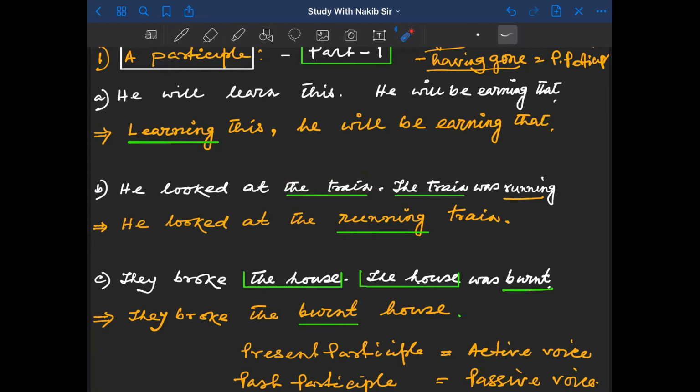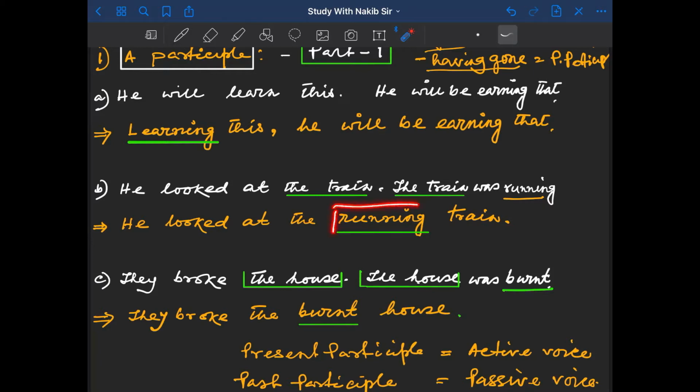See, he looked at the train. First write, he looked at the train. Okay, written. Now put running, the participle adjective, before train. See, running is put before train, and so the combined sentence is he looked at the running train.